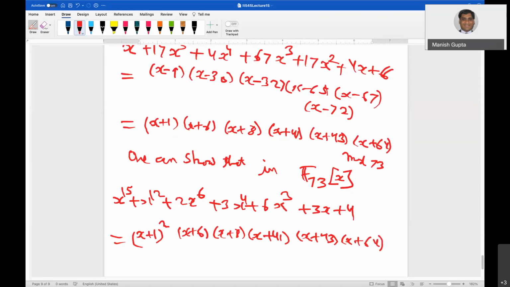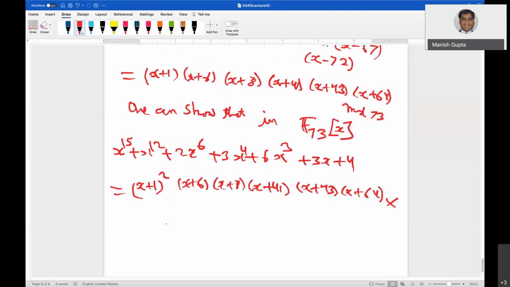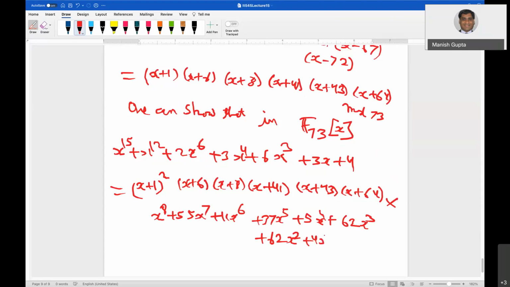times x to the 8 plus 55 x to the 7 plus 11 x to the 6 plus 37 x to the 5 plus 5 x to the 4 plus 62 x cubed plus 62 x squared plus 46 x plus 62 mod 73.